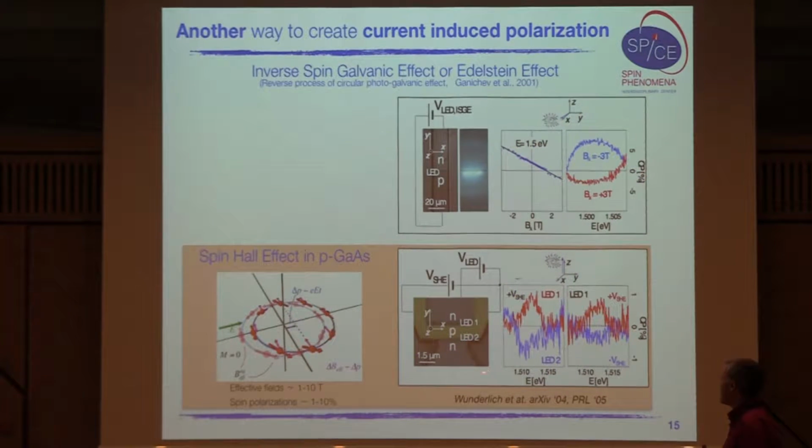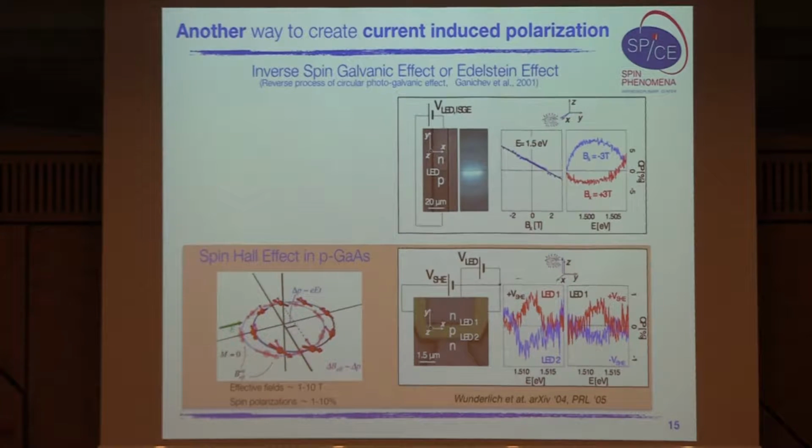So as I mentioned, the first experiment that observed that, as Thomas was describing yesterday, was a beautiful experiment by Wunderlich, Kaestner and colleagues, that used a planar LED type of structure with p-doped gallium arsenide. And there you observe that as you run a current, on each of the sides you see oppositely polarized light emitted under the recombination process.